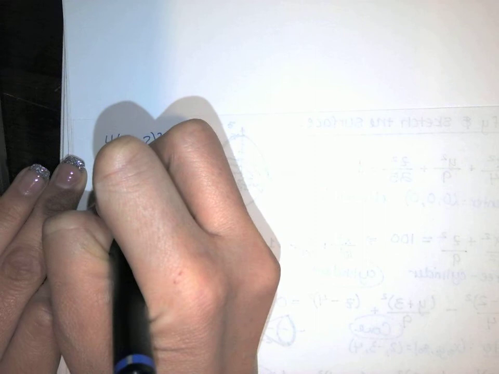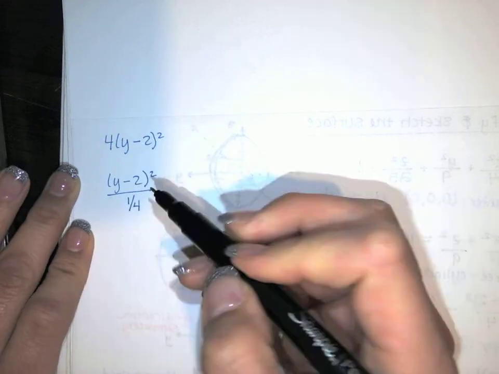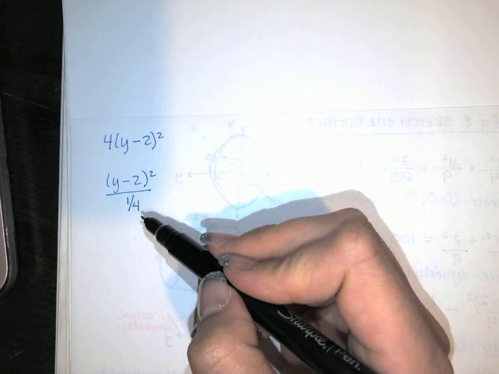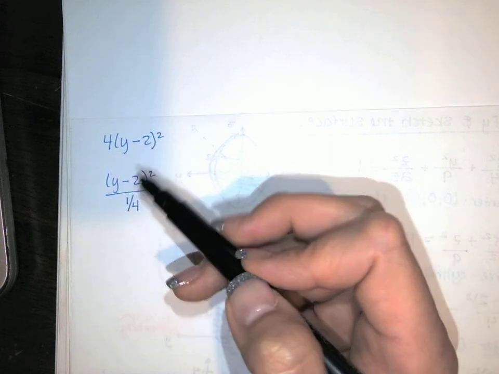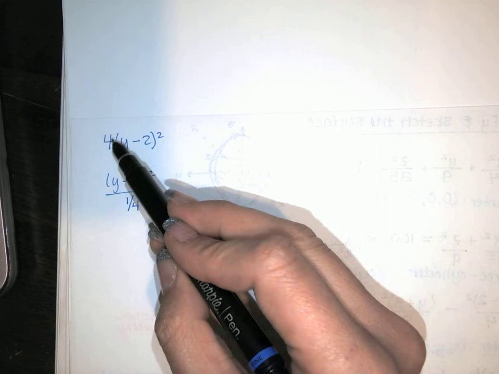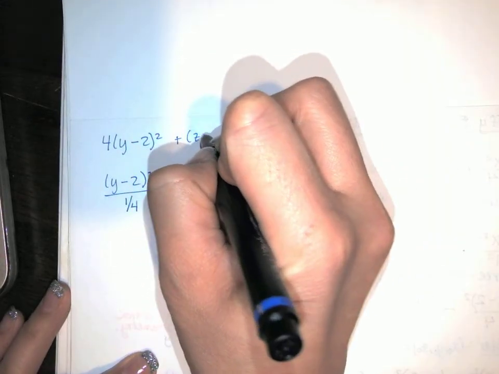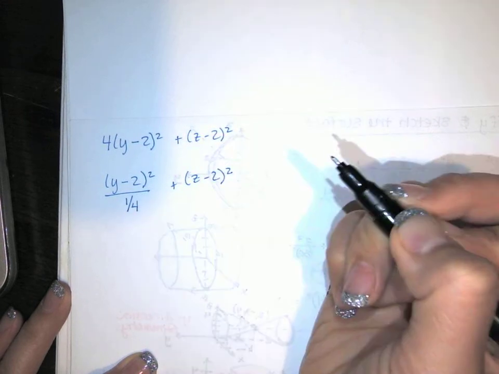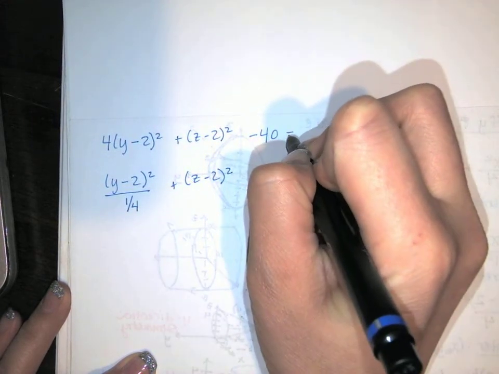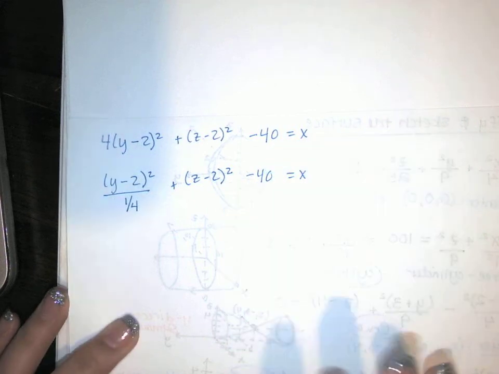Isn't that the same thing as dividing by 1/4? Because dividing by 1/4 is multiplying by the reciprocal, 4 over 1, and then I get that back. Make sure you agree with that, but that's going to give me that number in the denominator that I want. So this z minus 2 squared is fine. There's no coefficient, so we'll leave it alone. The minus 40 is just going to move things down in the x direction.